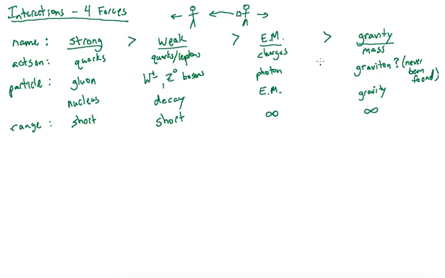So you take this ordering with a grain of salt, because if you're talking about a neutrino, a chargeless particle, or a photon, it's going to see gravity as a much stronger force than the electromagnetic force would. And if you could somehow increase the mass of an electron, then you could make gravity a stronger force.